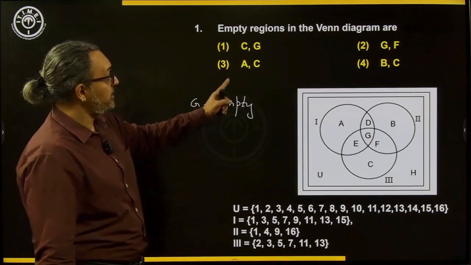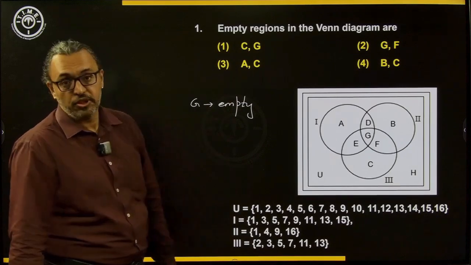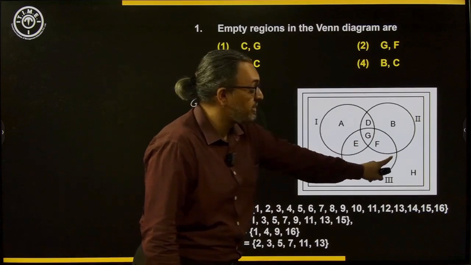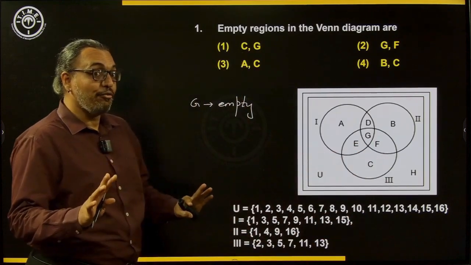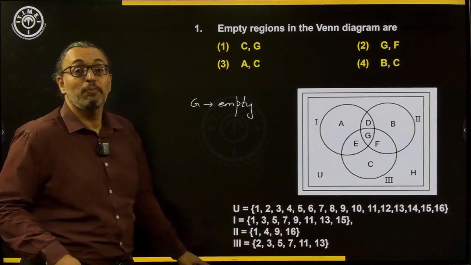If G is empty, then it has to be available, so it is either the first option or the second option. Then look at F. Why do we concentrate on F? Because look at 2 and 3. 2 is perfect squares, 3 is prime numbers.